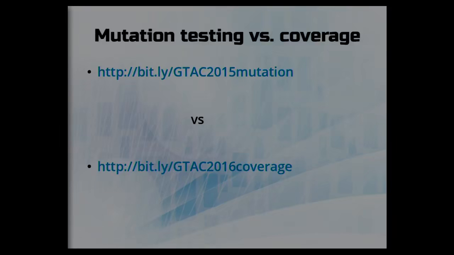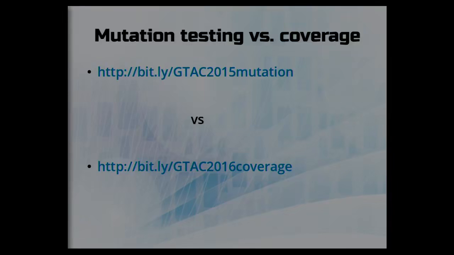And then last year at GTAC, there was another researcher who basically said, well, the guys from the year before didn't do really good research. They didn't research on many software projects, so we did better research, and we claim that coverage metrics like line coverage and branch coverage are still the best metric in practice.